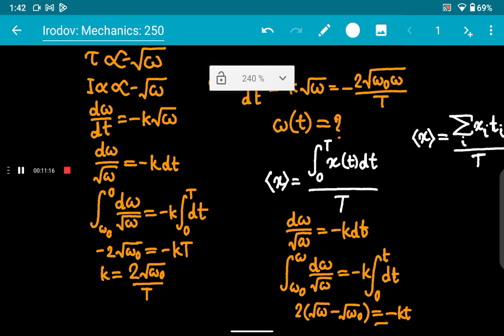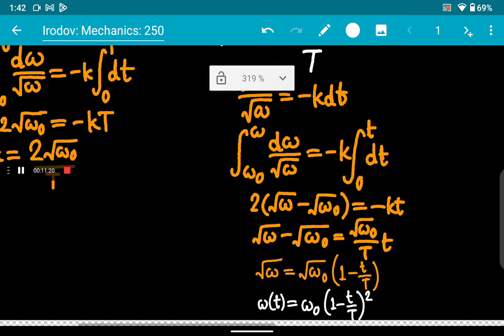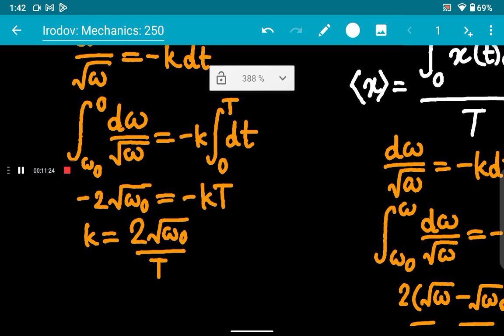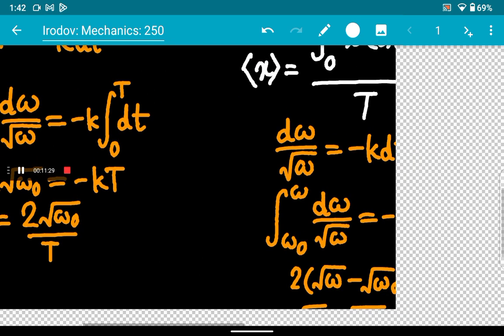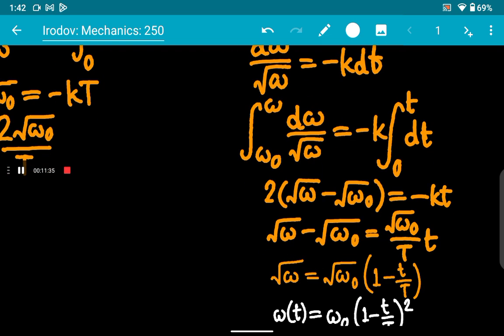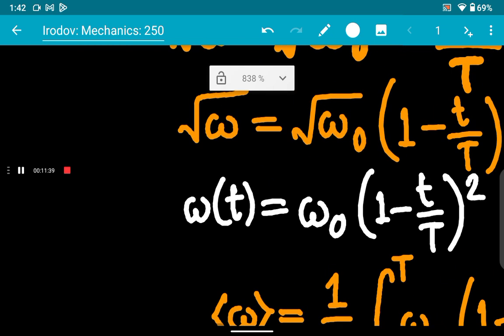And after that we calculated the value of omega as a function of time. So in this case, you can see that the limits are omega naught and 0. And in the second case, we have derived omega for a general time t. And this integration gives us the whole omega for any time between 0 to t.